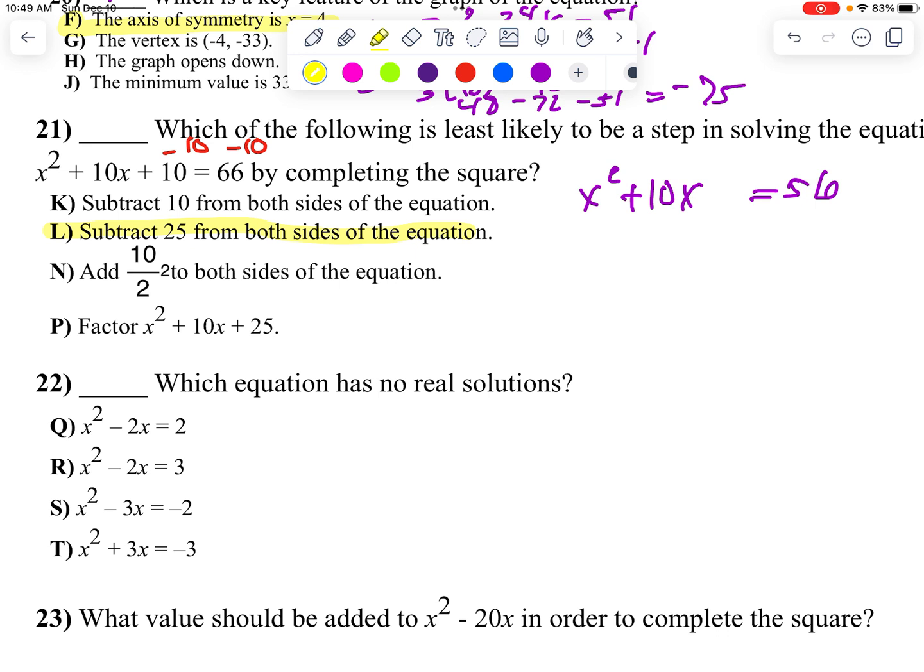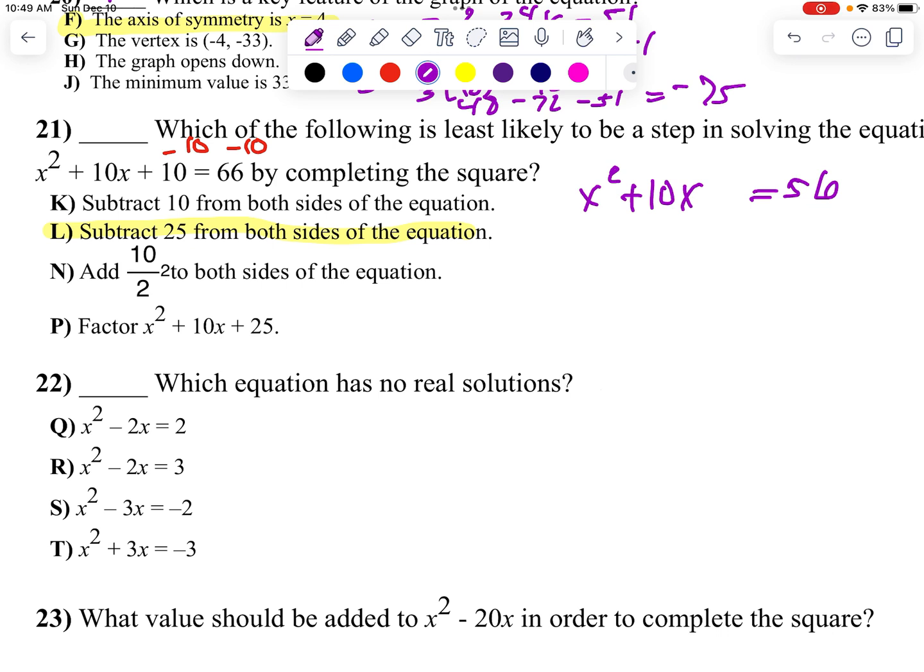And on number 22, we want to look at which one of these has no real solution. So we want to look at b squared minus 4ac. No, we don't. Sorry, I got ahead of myself. I want to know which one, when I complete the square, will I get a negative.